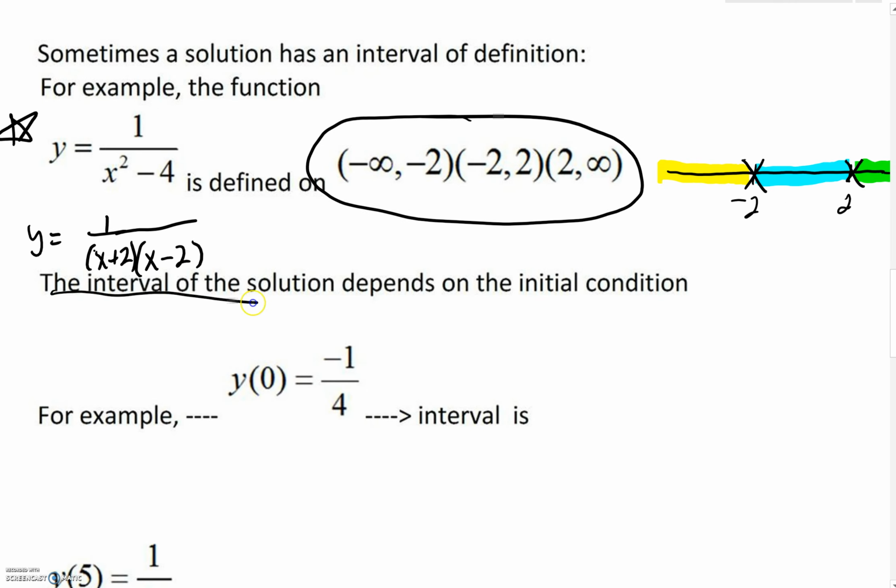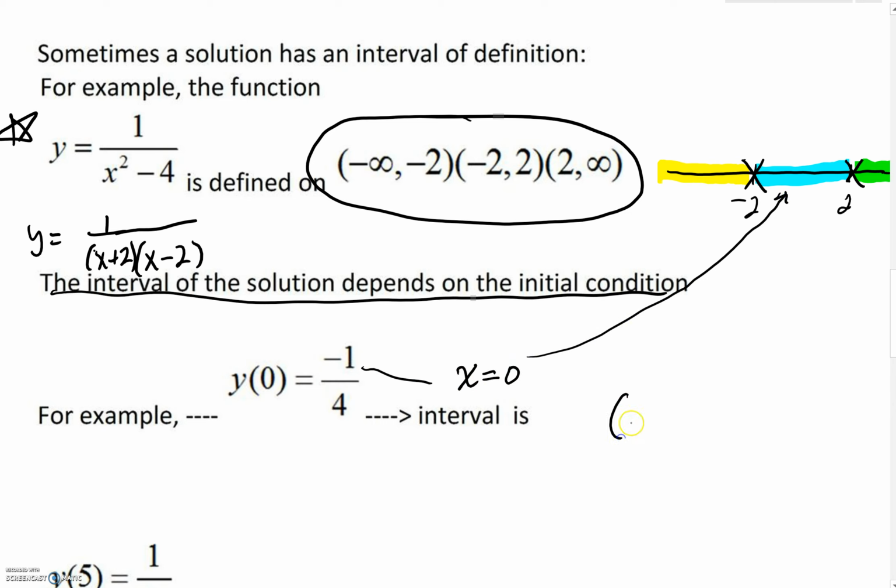The interval of solution depends on the initial condition. So look at this. If we had y of 0 equals negative 1/4, what this is really telling us is x equals 0 is your initial condition. And that means the interval on which our solution is valid can only go from negative 2 to 2.